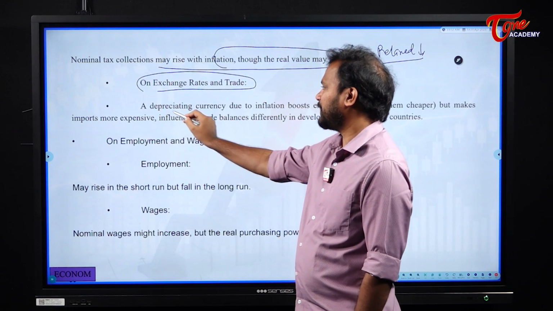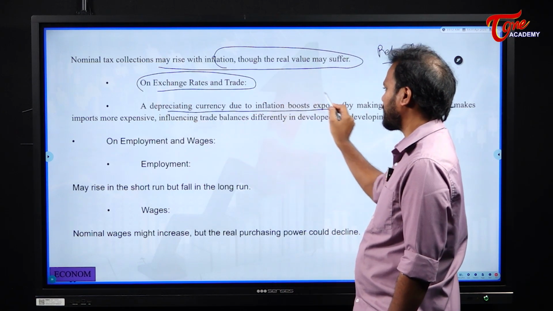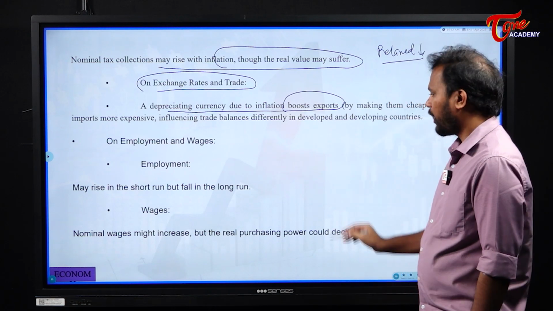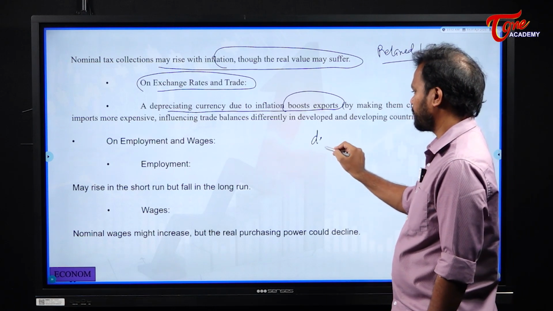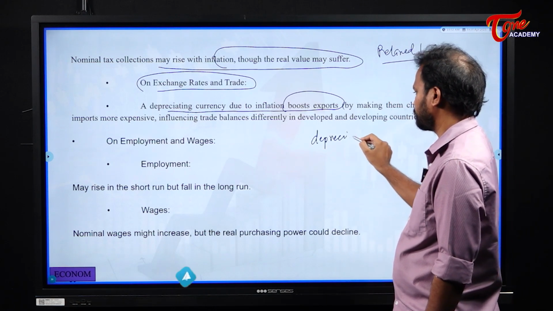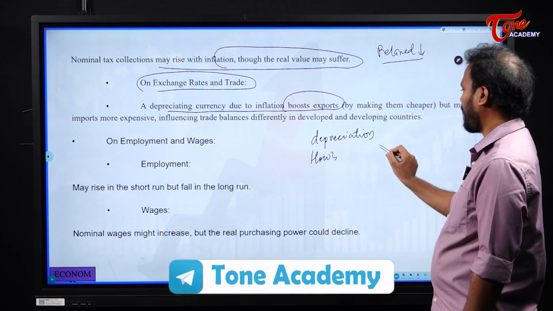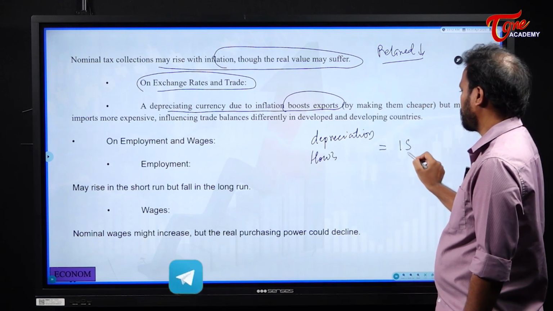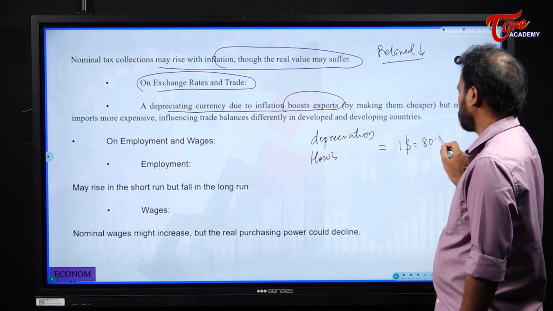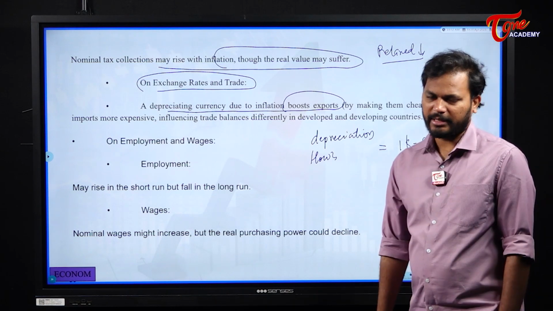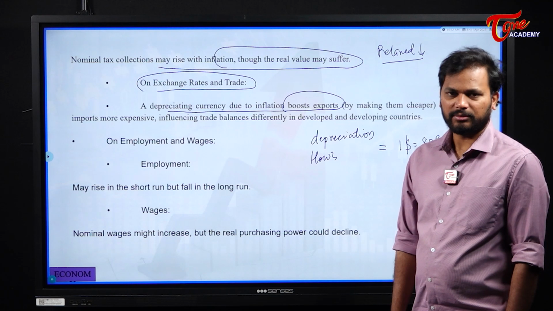A depreciating currency due to inflation boosts exports. How does depreciation boost exports? For example, on a very normal day, the value of $1 is equal to 80 rupees.